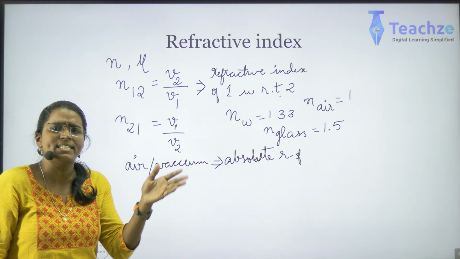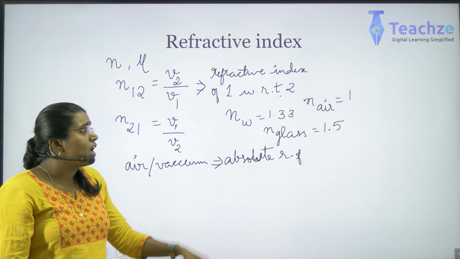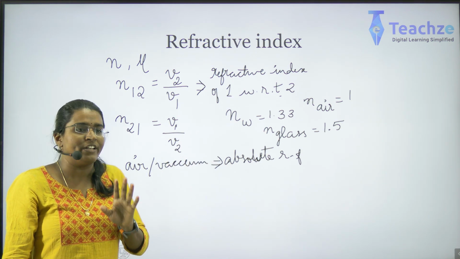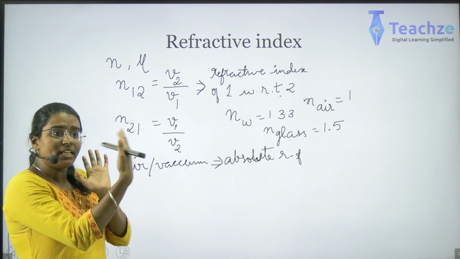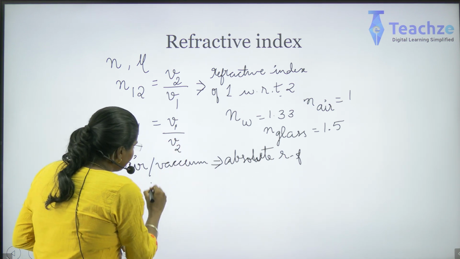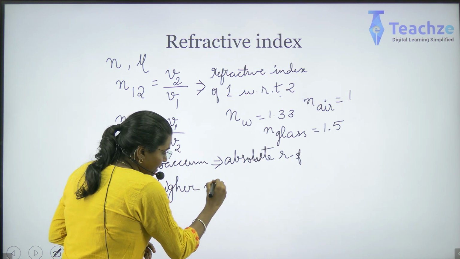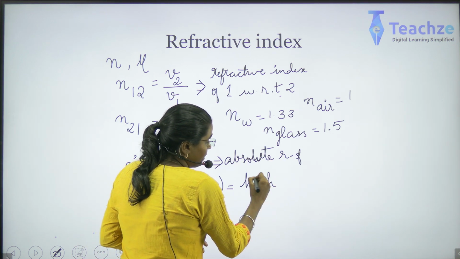It goes on. Different materials will have different refractive indices. This refractive index will decide the velocity of light in that medium. Higher the refractive index, higher will be the density of the medium.